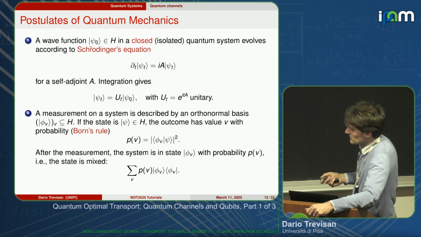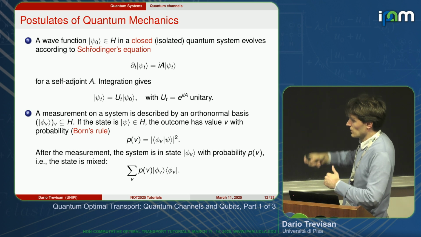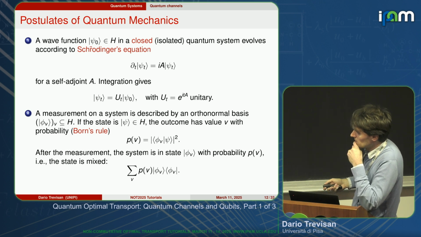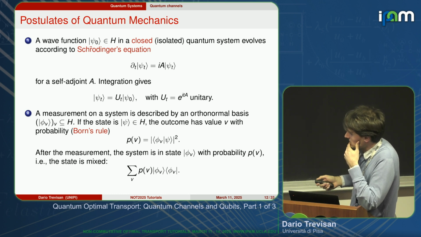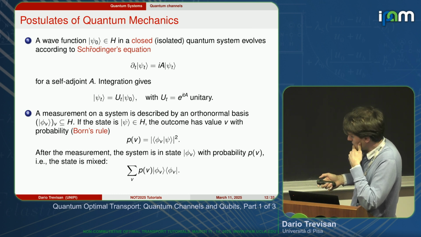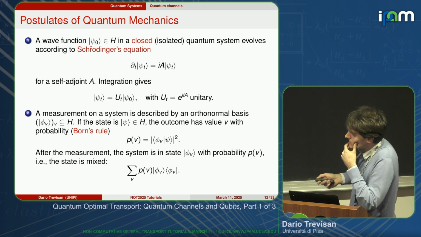So you will have this new state here. This is a continuous evolution, and this is instead a jump, a sudden change and update of the state function. So they have a slightly different nature, and it's quite interesting that you may think maybe I can combine these two. Can I do something which is in between evolution and measurement?